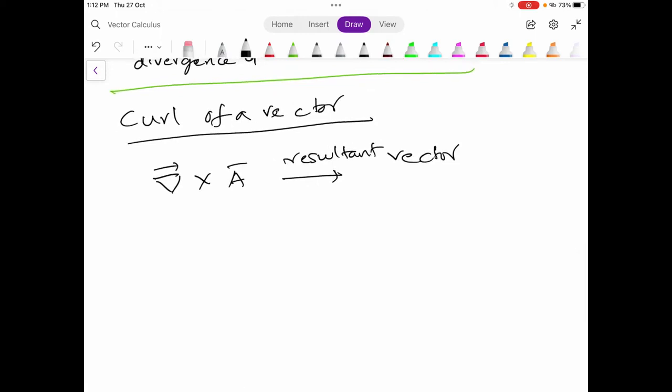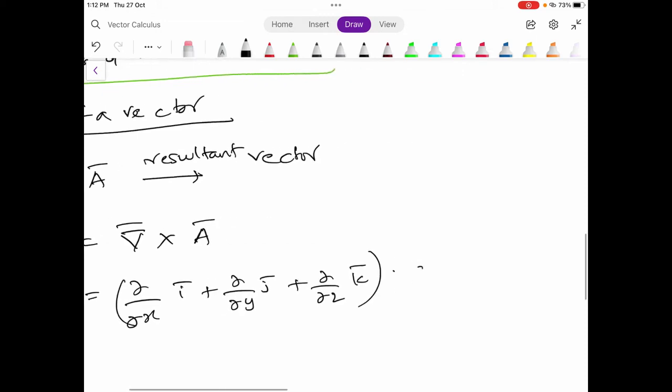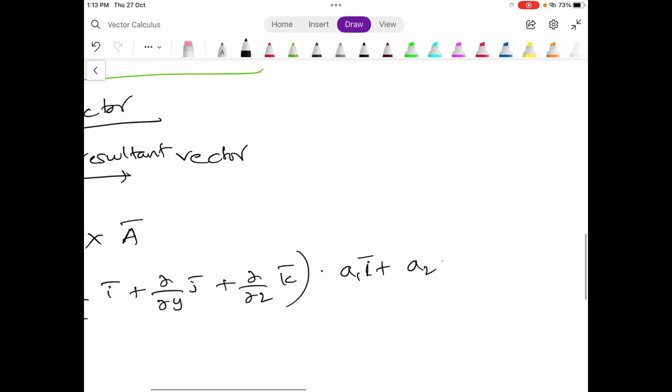Curl a bar equals del cross a bar, which is dou by dou x of i bar, dou by dou y of j bar, dou by dou z of k bar, crossed with a1 i bar plus a2 j bar plus a3 k bar.